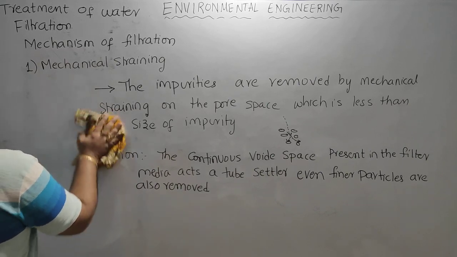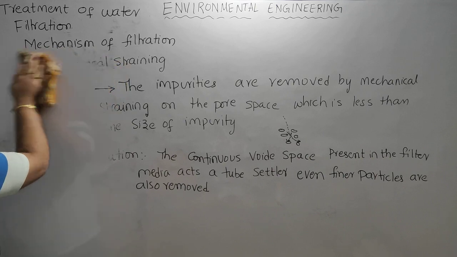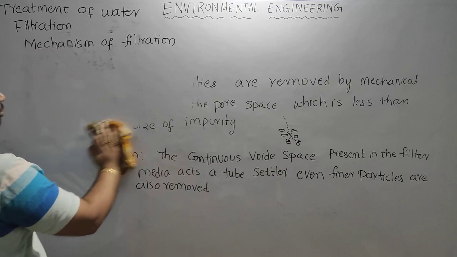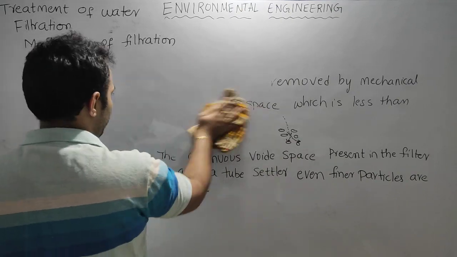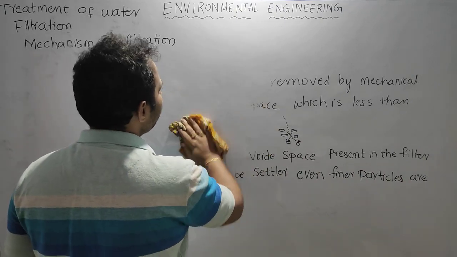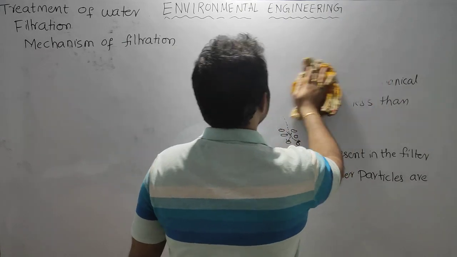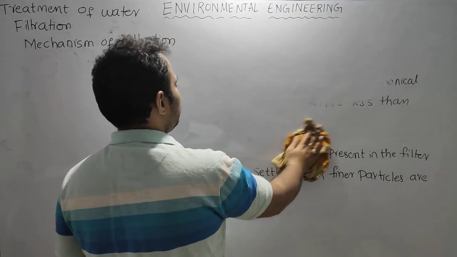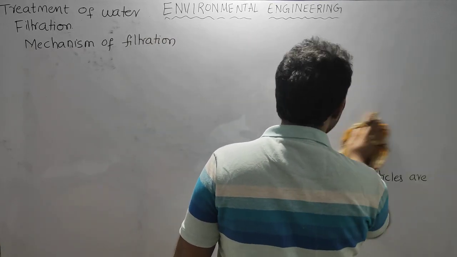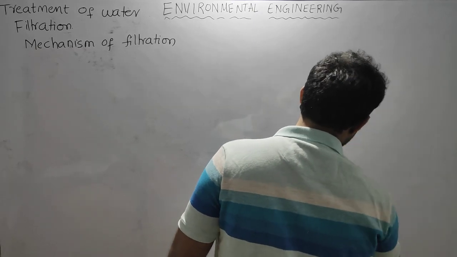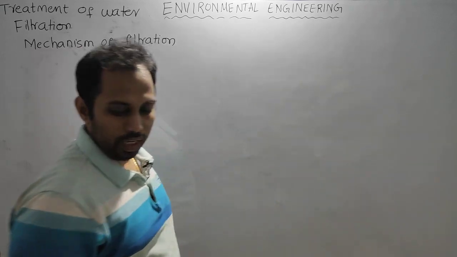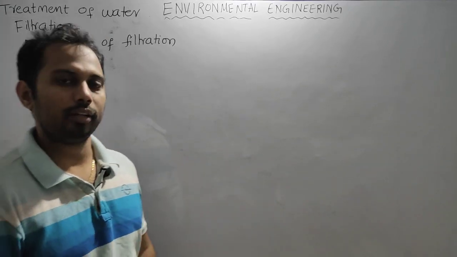Now we are discussing biological metabolism, a key mechanism for the removal of impurities, because the void size and void space present in fresh filter media is not sufficient to remove the finer particles, colloidal particles and dissolved impurities.